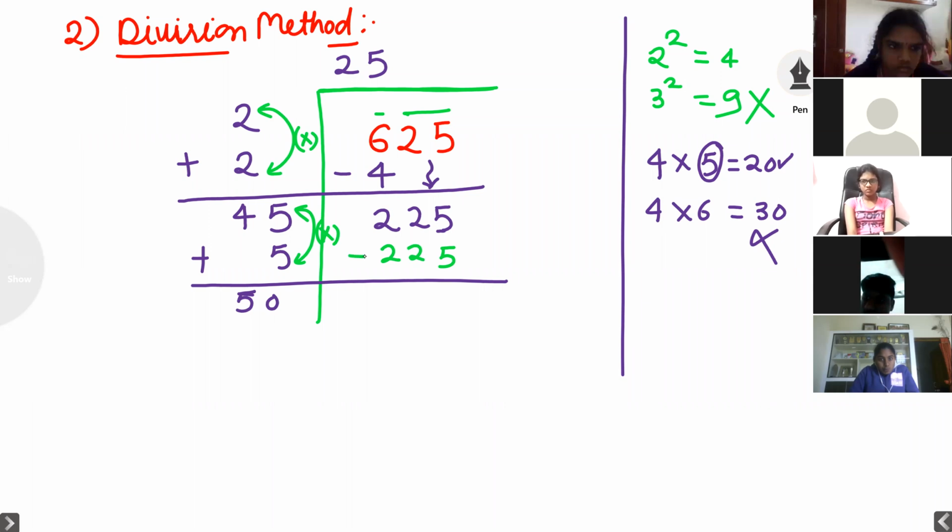Again, subtraction. 0, 0, 0. Square root of 625 is equal to what? What is the answer? Up is the answer, 25.